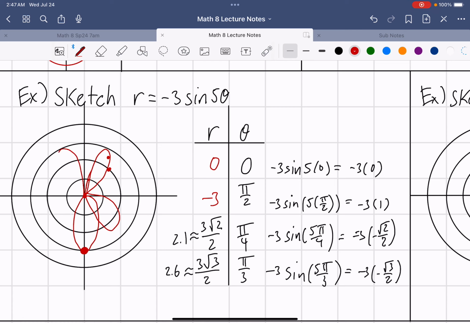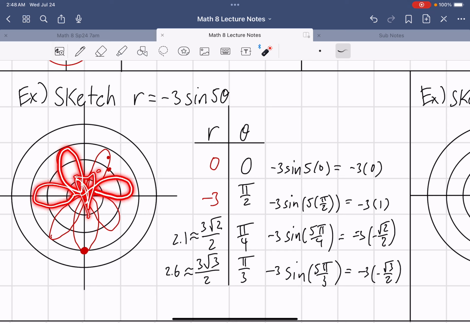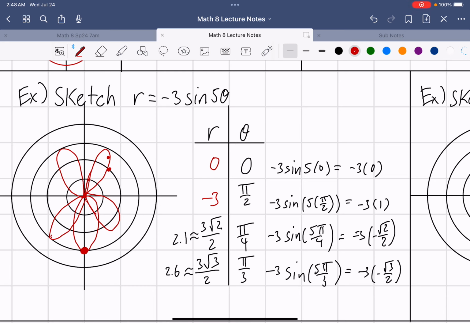So I must have a petal here, and then I must have a petal here, because I need 1, 2, 3, 4, 5 petals. If I have points on this side, remember, this has symmetry on the y, so I must have those same points on the left side. But then I have 3 petals, and I know for sure I didn't have any horizontally. So I must have 2 in this direction. Of course, it should be going out to as far as 3 because that's the tip.